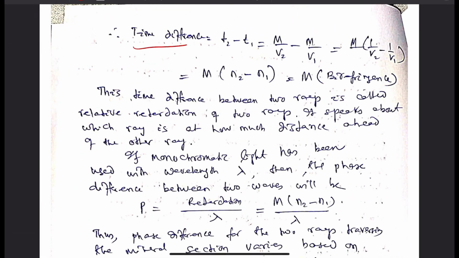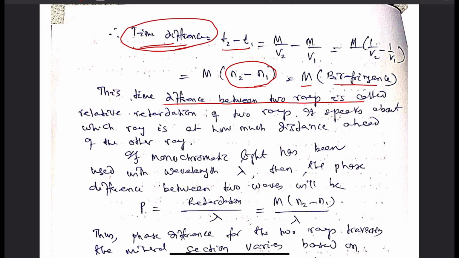So time difference will be t2 minus t1, that will be m by v2 minus m by v1, or m into (1 by v2 minus 1 by v1), that will be m into (n2 minus n1), which is the difference between the refractive indices of the two rays. This is otherwise called birefringence. So thickness into birefringence gives the time difference. And this is actually the retardation.